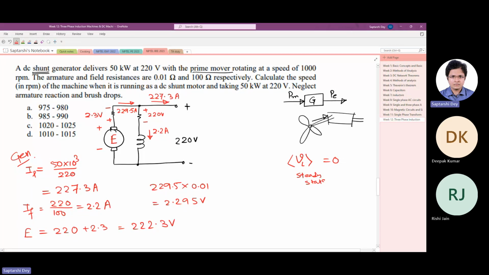So this generator is developing 222.3 volt, of which 2.3 volts drops across the armature circuit, and that is why it is delivering to a 220 volt DC source or DC load in this case, maybe a grid. And it is also supplying the field circuit.